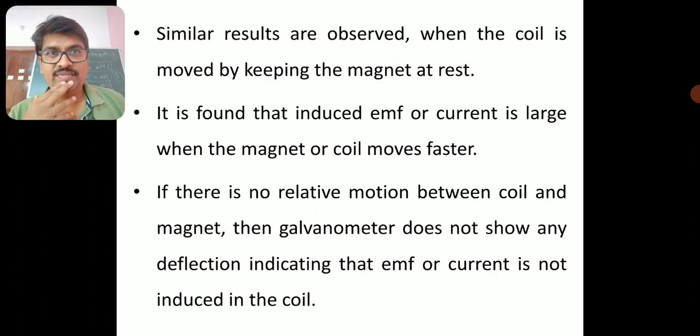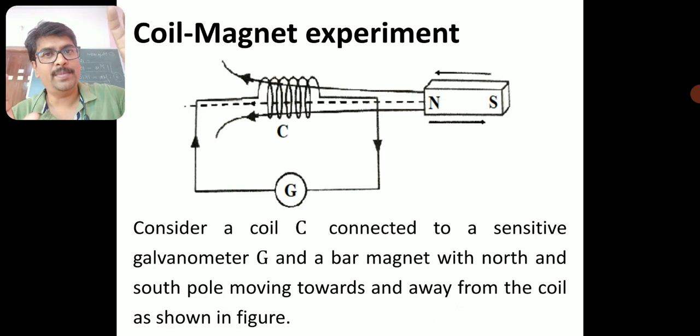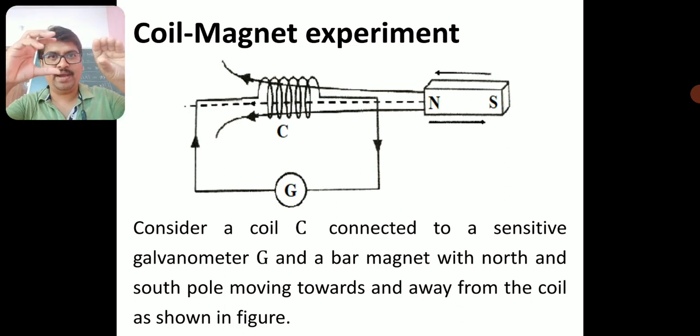Some more observation we can make here is that similar results are observed when the coil is moved by keeping the magnet at rest. Dear student, the thing which you need to observe here is that now the magnet is at rest. I am moving the coil towards or away from the magnet. Magnet is fixed. Now I am just moving the coil.